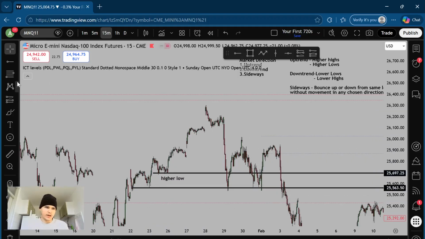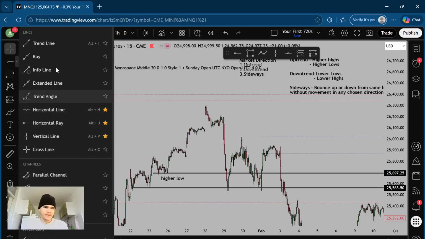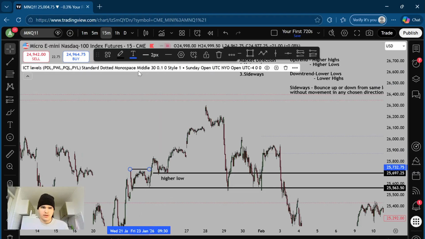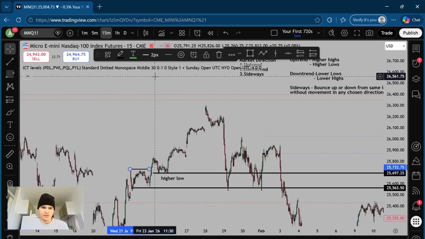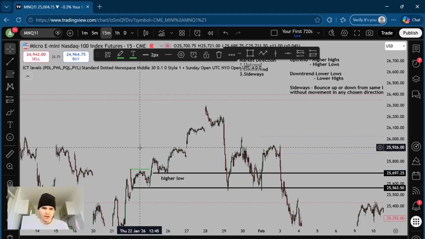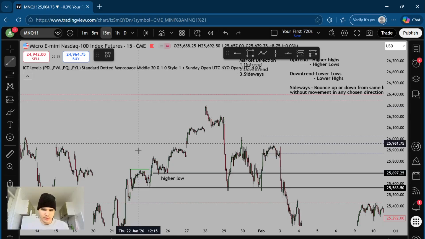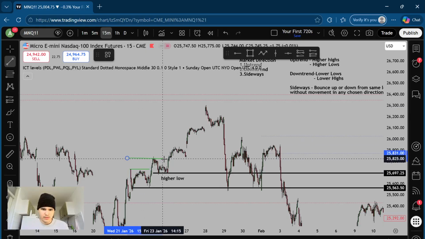We have our high right there, and we are going to mark this out differently right here. We will put this as green. And then let's just make another one over here.